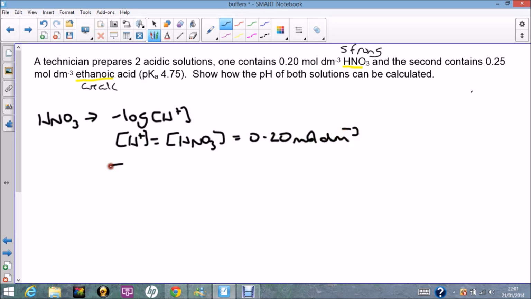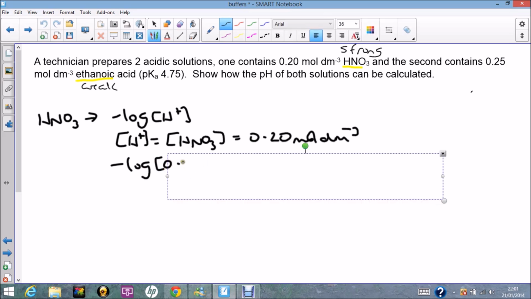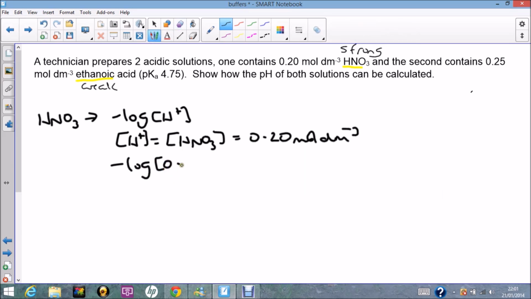And all we need to do with that number is minus log. Okay, so the pH of the nitric acid is 0.7.